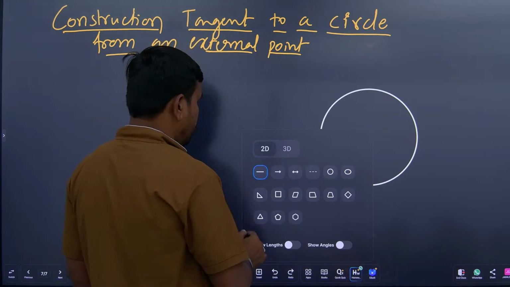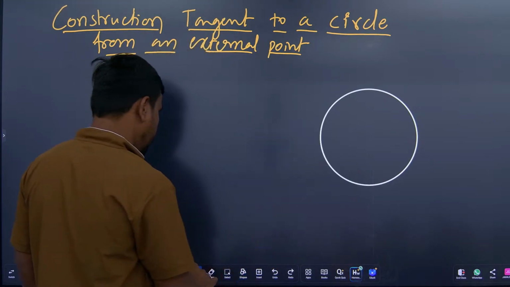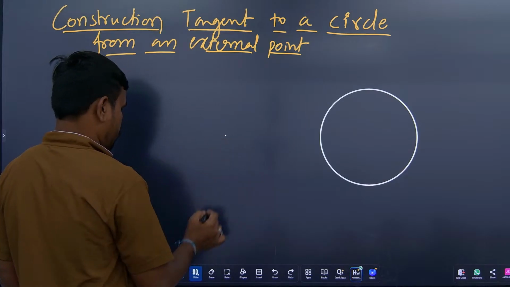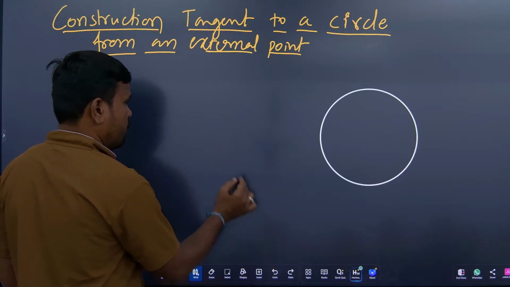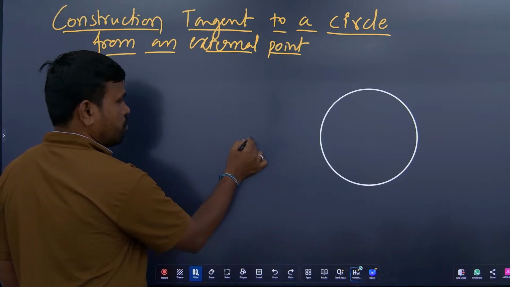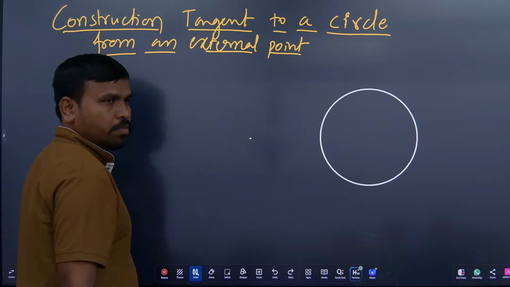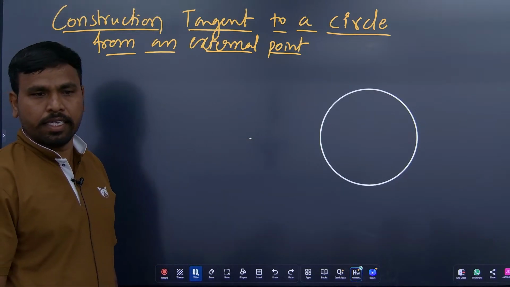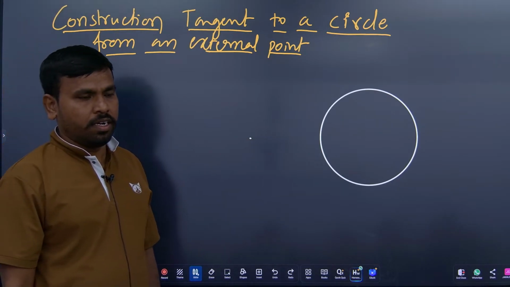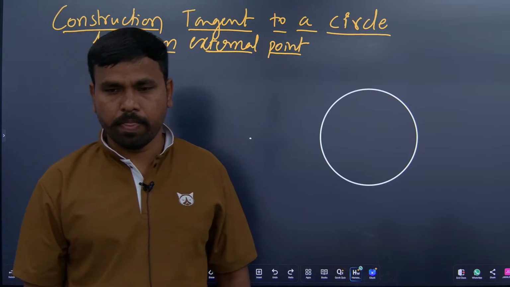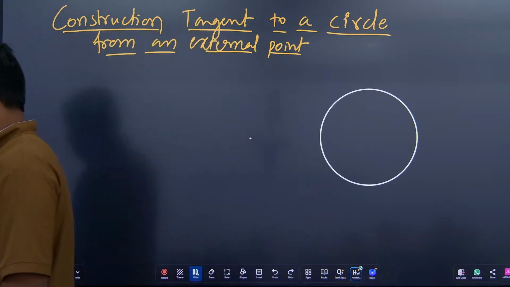And consider a point outside the circle. It is a point. Yes, did you draw? Draw a small circle, if possible, of any radius. Let's say 2 centimeter radius.